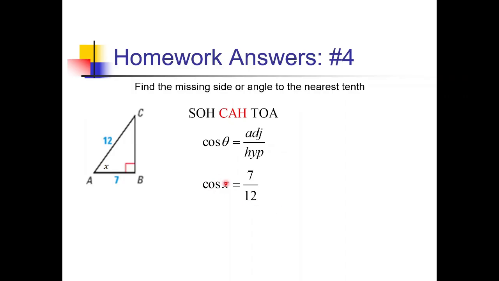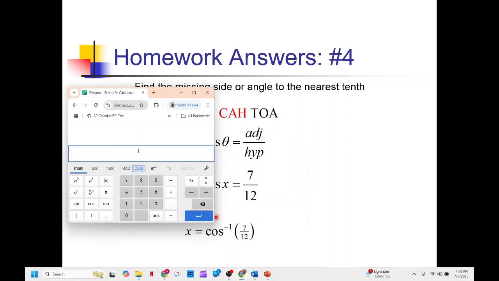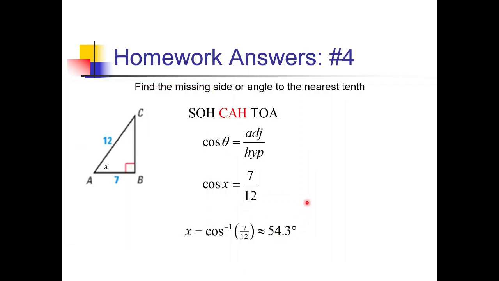And to get the angle, I need to do cosine inverse of both sides. So x is going to be the inverse cosine of 7 over 12. So if I run that on the calculator, I do cosine, exponent, -1, and then come back down in parentheses. 7 over 12 comes out to 54.3 degrees.